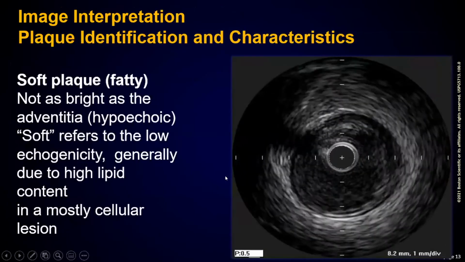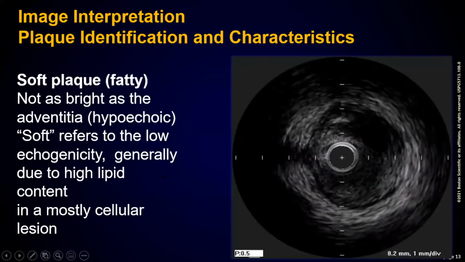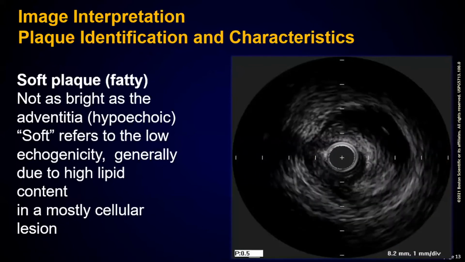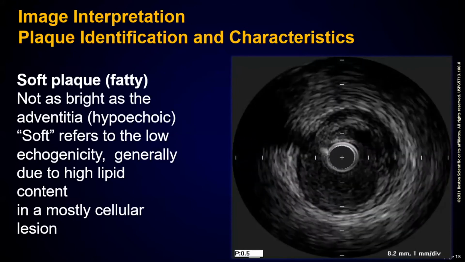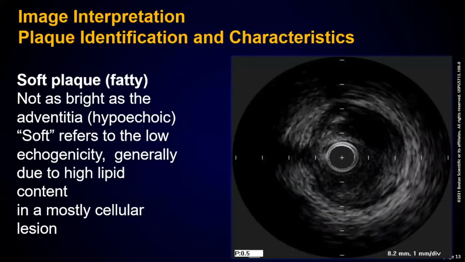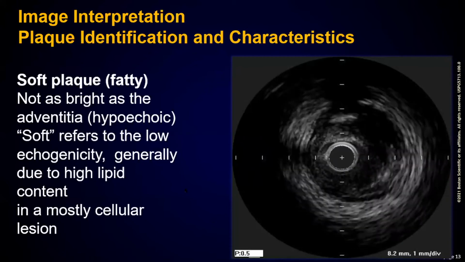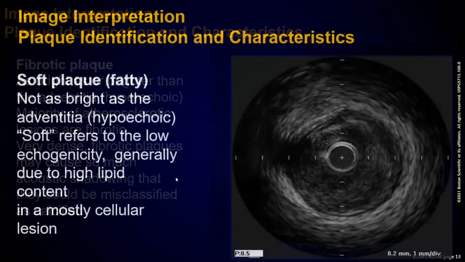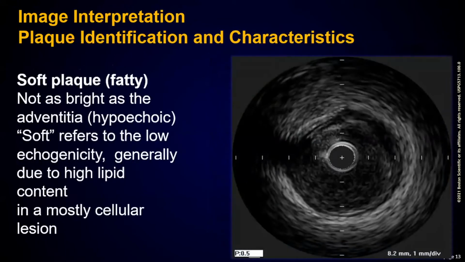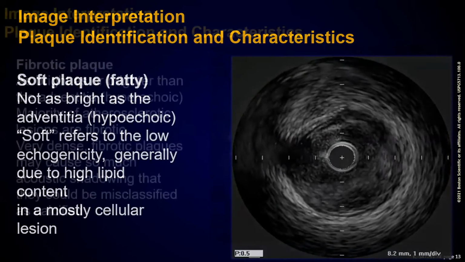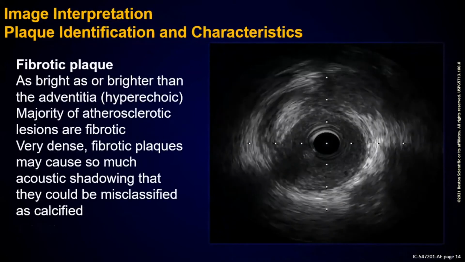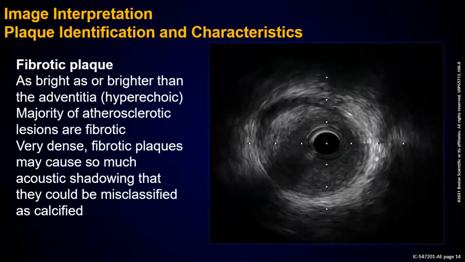And the next one is an example of a soft plaque. This is not as bright as the adventitia, and the soft refers to the low echogenicity, generally due to high lipid content in a mostly cellular lesion. And the next one is fibrotic plaque, as bright as or brighter than the adventitia.